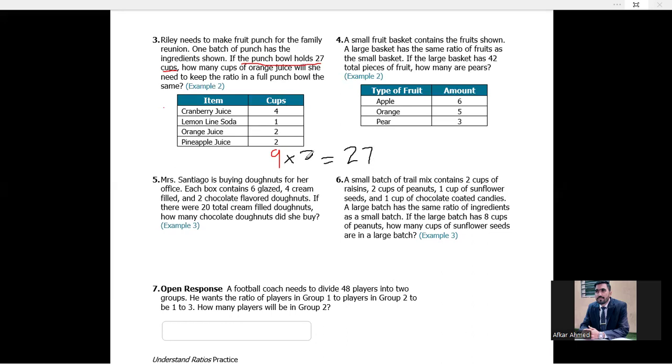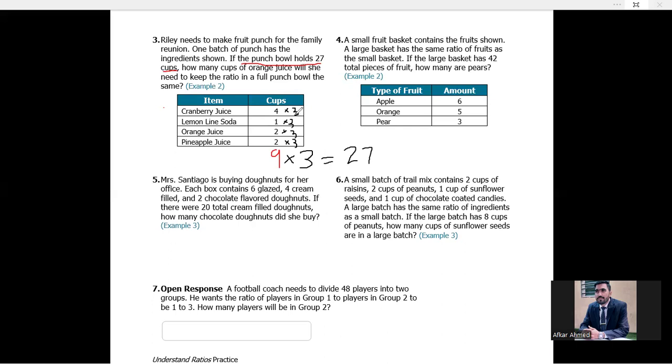So if we multiply the total number of cups by 3, we will get the 27 cups. If we are multiplying the total cups by 3, we will also multiply all the options inside by 3. And same in all the cases, if you multiply them.